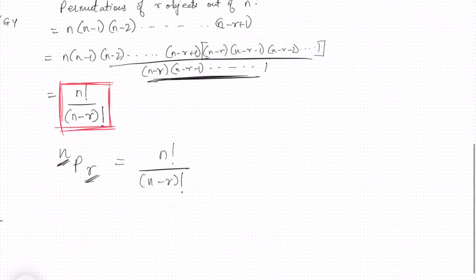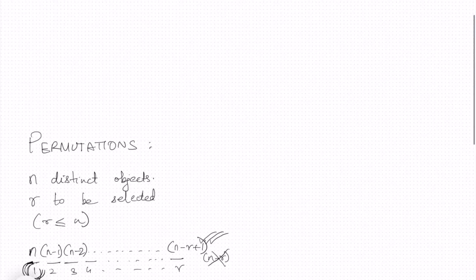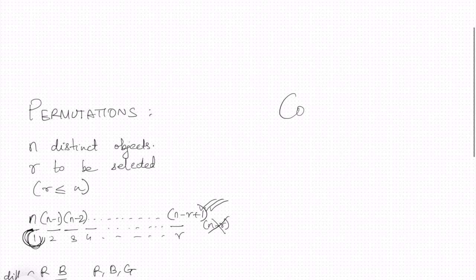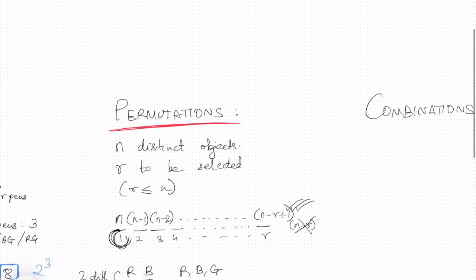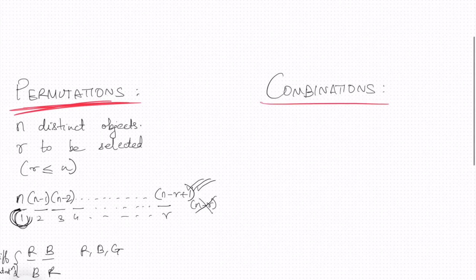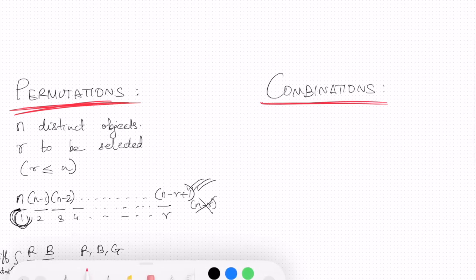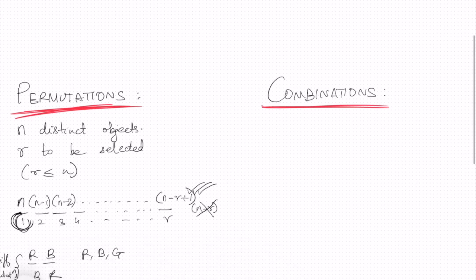How it differs from a combination is simply in the fact that the order of arrangement matters. So I had placed a lot of emphasis on the order of arrangement of the objects. But when I want to find the combinations, the order of arrangement does not matter.